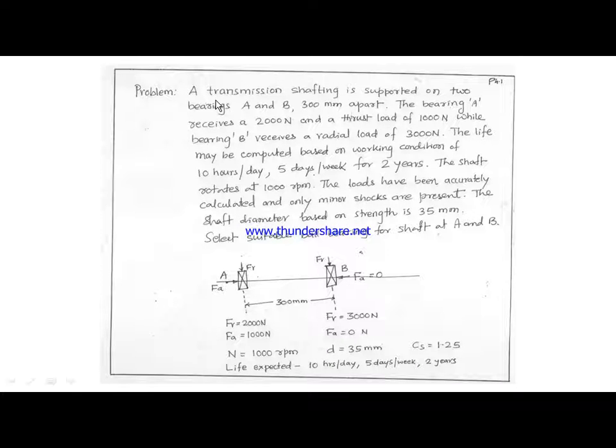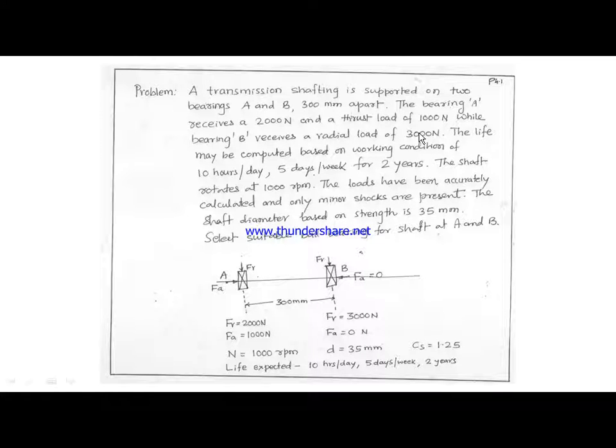Now let us have a look at another problem. A transmission shafting is supported on two bearings A and B, which are 300 millimeter apart. The bearing A receives a radial load of 2000 Newton and thrust load of 1000 Newton, while bearing B receives a radial load of 3000 Newton.